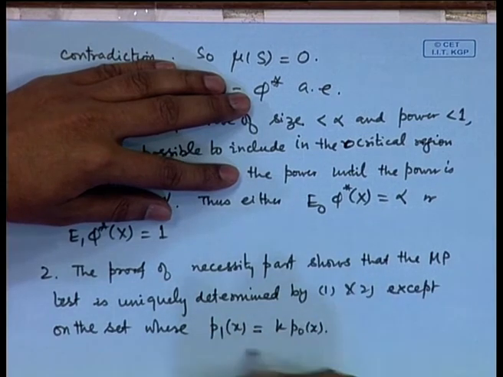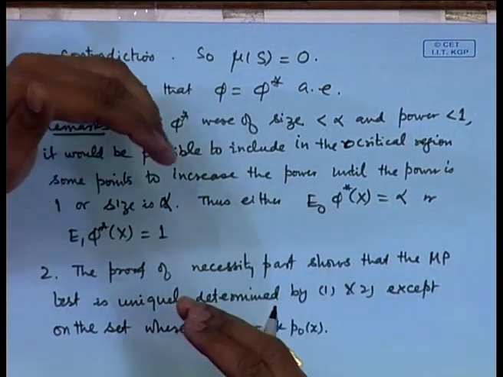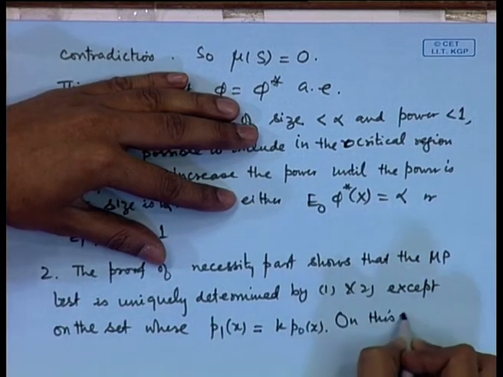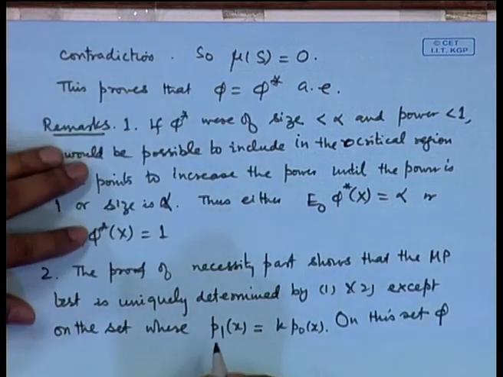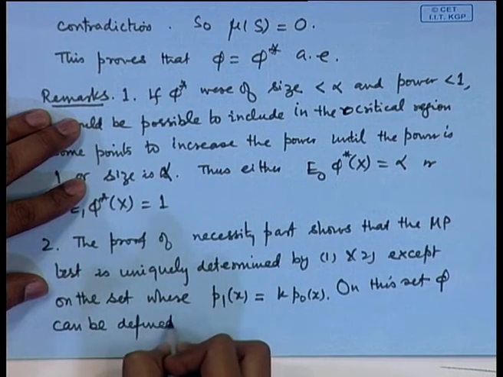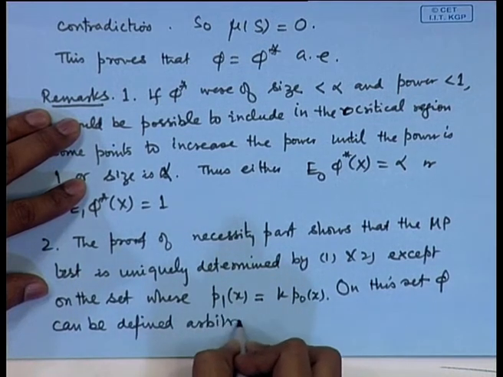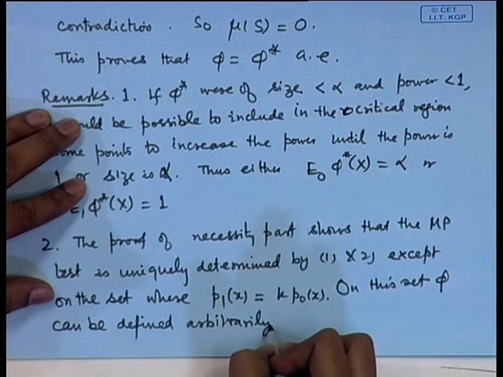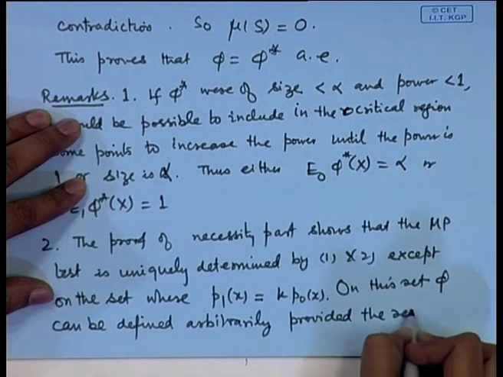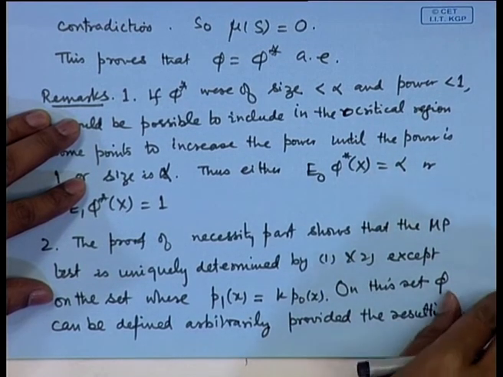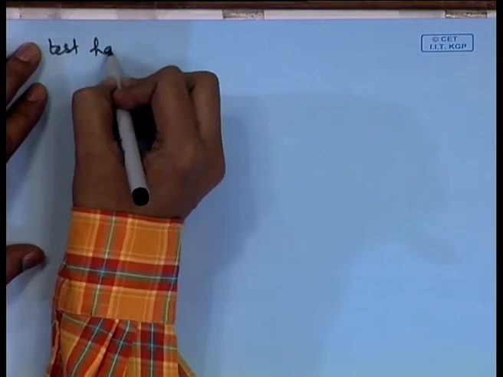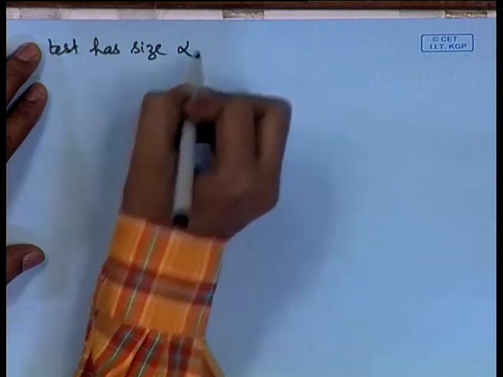That means, on this portion we can define it arbitrarily, but the size has to remain alpha. So, on this set phi can be defined arbitrarily provided the resulting test has size alpha.